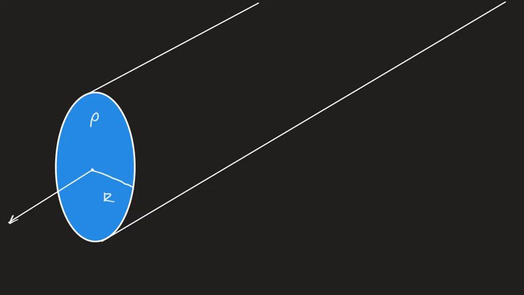Let's have this blue line represent the center of the cylinder. I've drawn a cross section, but you guys do realize that the cylinder actually continues in this direction. You guys all okay with that?